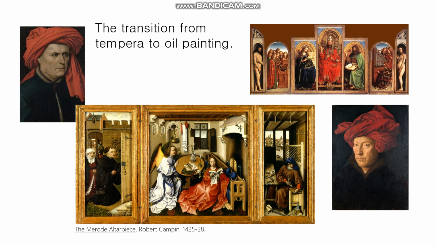The last thing I want to talk about in this lecture is how important tempera was in leading to the development of oil painting. We'll talk more about this when we discuss oil painting, but the main point is that this was a transition period.